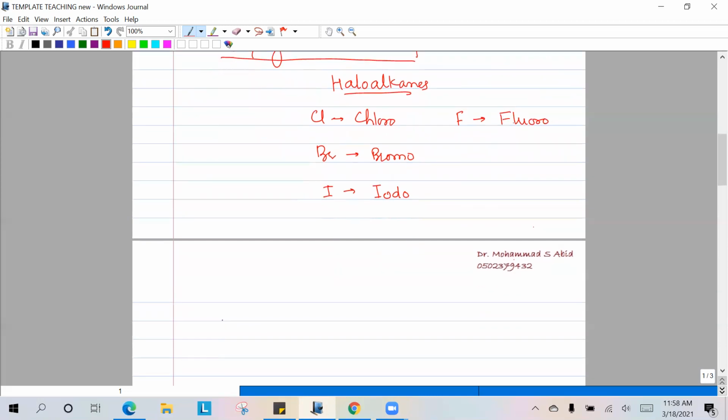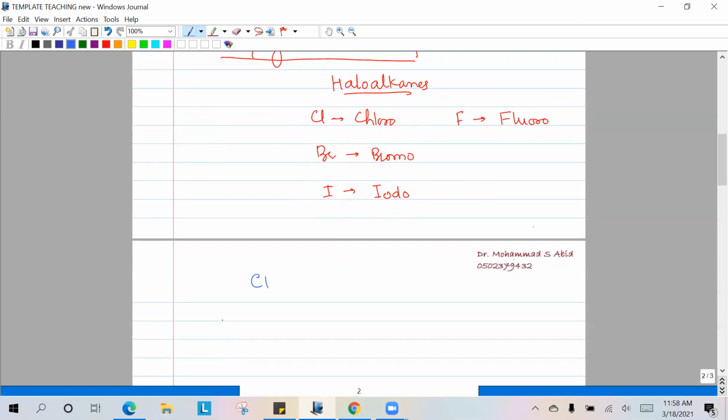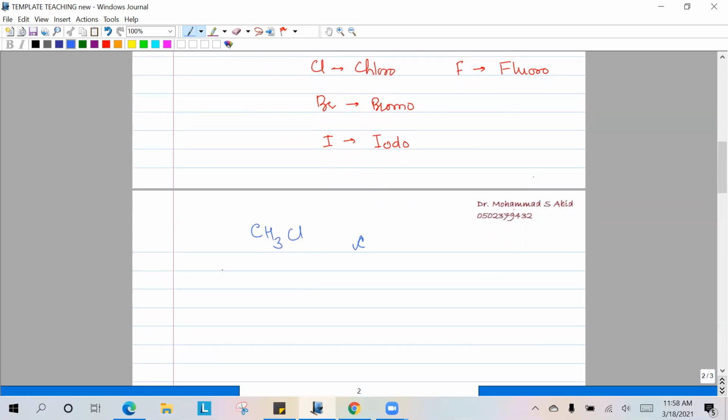For example, if you have CH3Cl, there is a Cl, so you call it chloro, and there is one carbon atom.